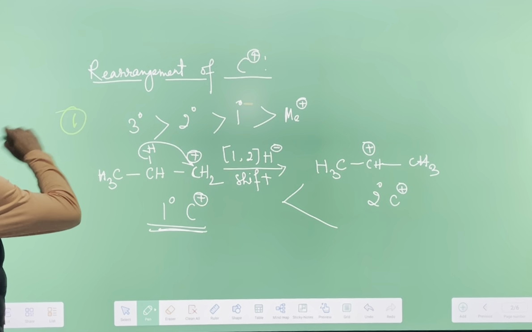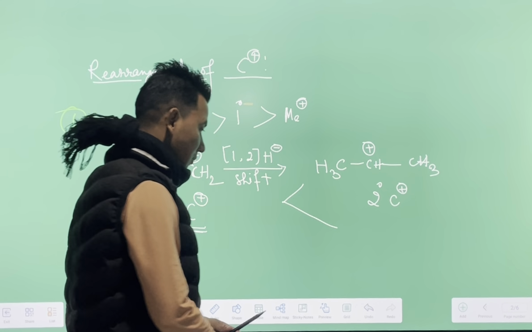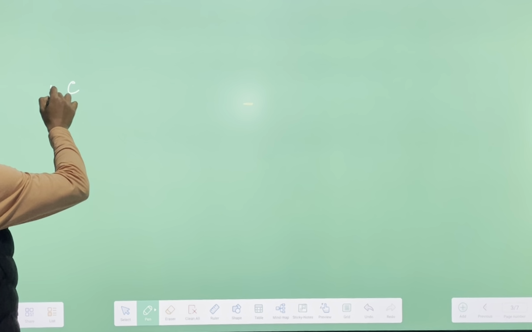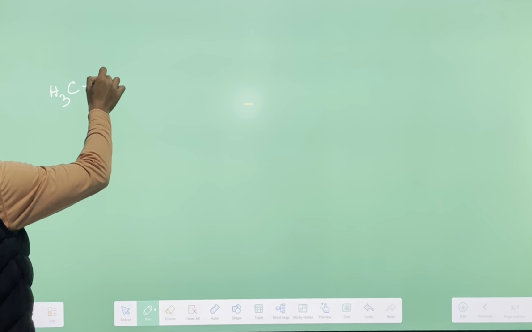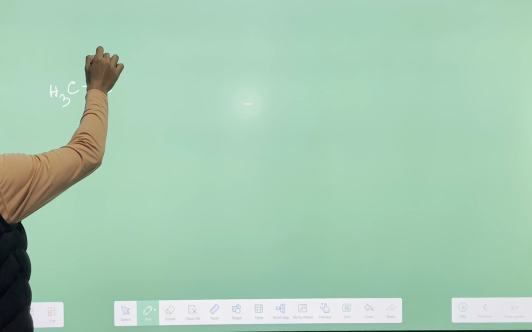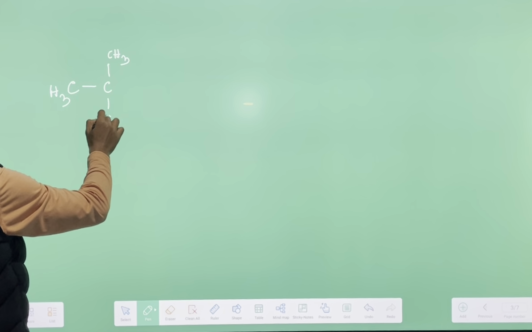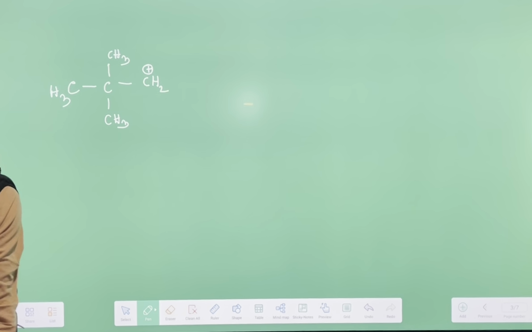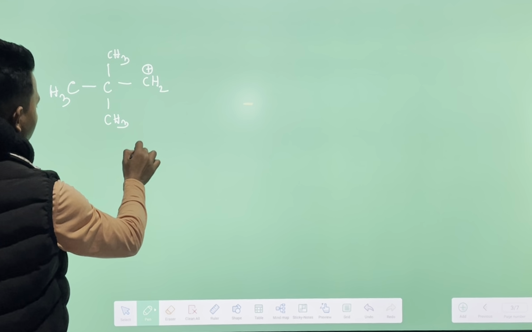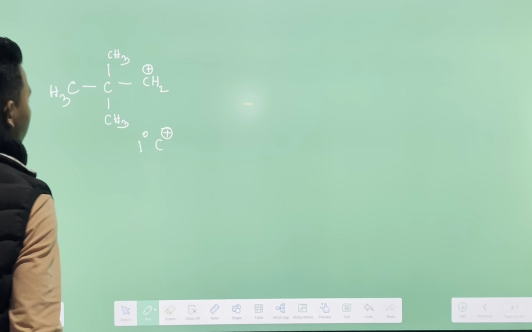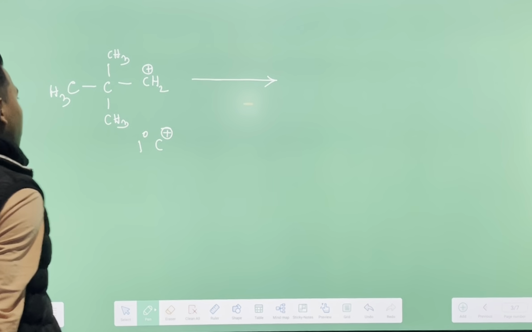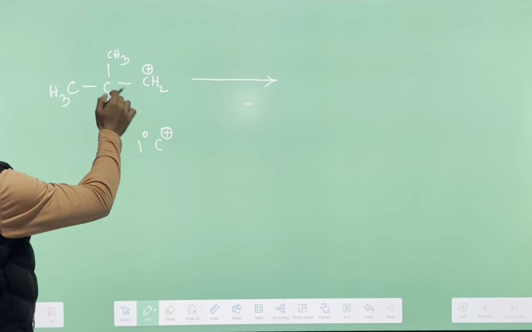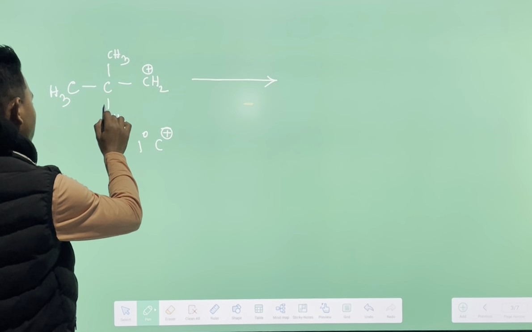Then this is example number 1. And then let's take example number 2. CH3, C, CH3 and CH3, CH2 carbocation. This is a primary carbocation, but there is a possibility to rearrange the carbocation by shifting a methyl group.